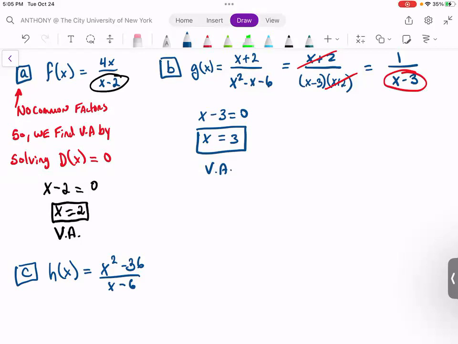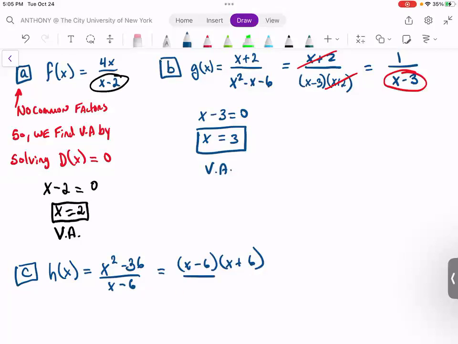Can I rewrite the numerator in factor form? X squared minus 36. Yeah. How would I rewrite the numerator? X minus 6. X plus 6, right? So x minus 6, x plus 6, because it's a difference of two perfect squares.